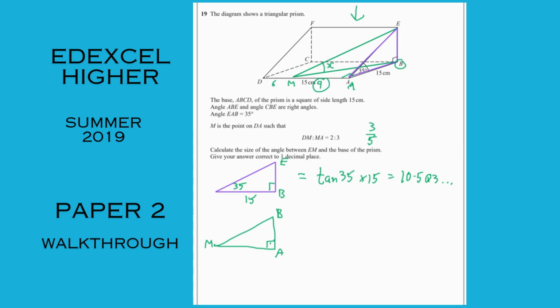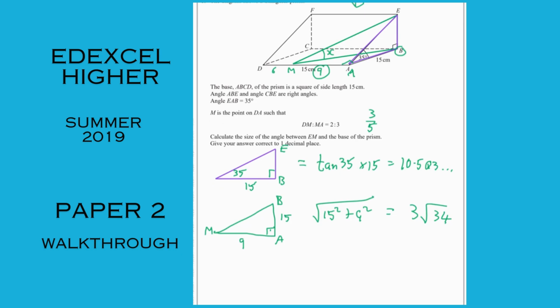Now that 9 pays off, because 9 is M to A. 15 is A to B. So this line along here, yep, you've guessed it, it's Pythagoras. To get M to B, that's the hypotenuse. You need to do 15 squared plus 9 squared, square root your answer. My calc says 3 root 34, or the decimal equivalent of.